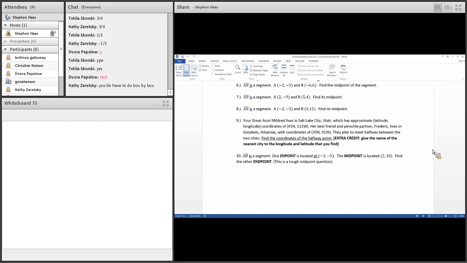Her best friend and pinochle partner, Frederick, lives in Goodwin, Arkansas, with coordinates of 35 north and 91 west. They plan to meet halfway between the two cities. Find the coordinates of the halfway point, and for extra credit, give the name of the nearest city to the longitude and latitude that you find.